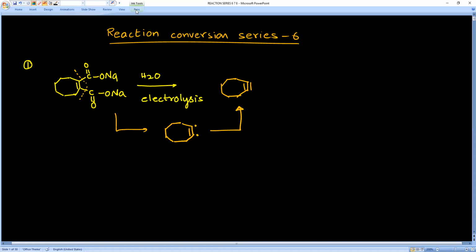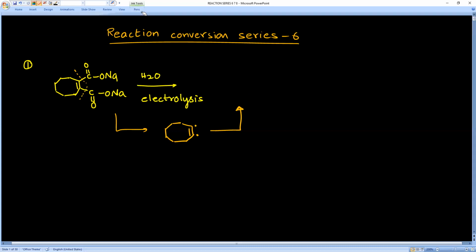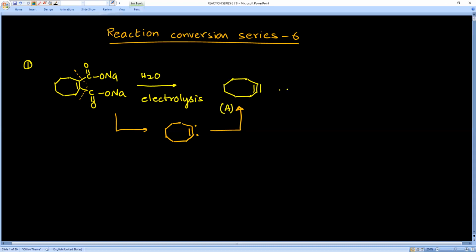This is compound A, right? This is cyclooctane. This is only compound A. Now this compound A is treated with borohydride.